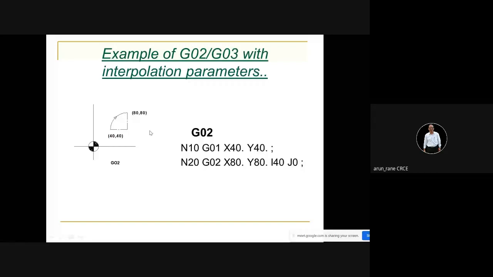This distance is 40, and in Y direction it is 0. So I40 J0. This is how you define when center line programming provision is there. But now this is replaced by radius. So instead of I40 J0, you simply write R40. So that is easy.